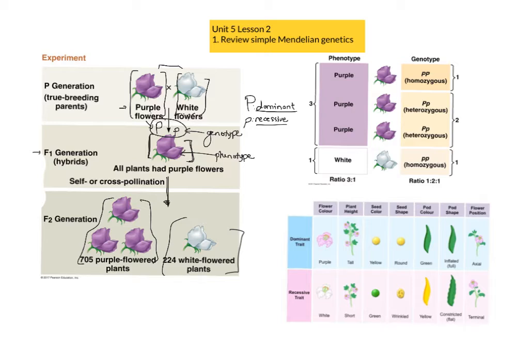Because you see, if all of these F1 generation plants are heterozygous, meaning they have a dominant and a recessive heritable factor, that means if we do a self or a cross-pollination, what we're essentially doing is taking two heterozygous genotypes and we are passing down one heritable factor from each of these to the next generation.